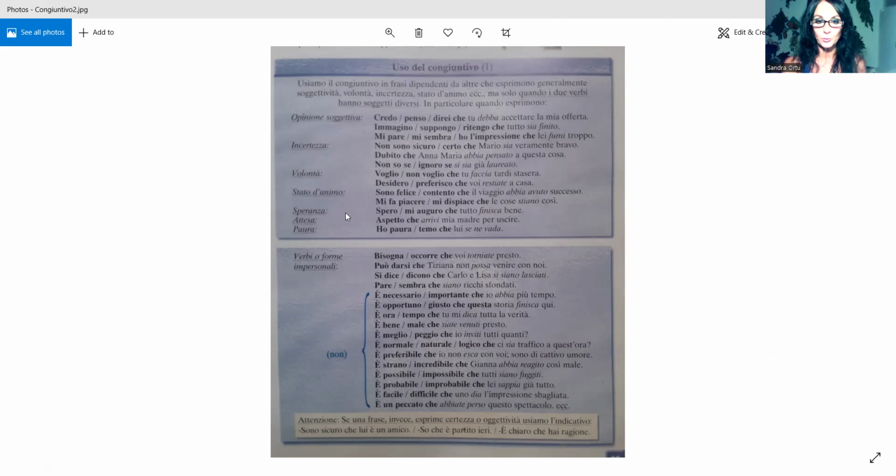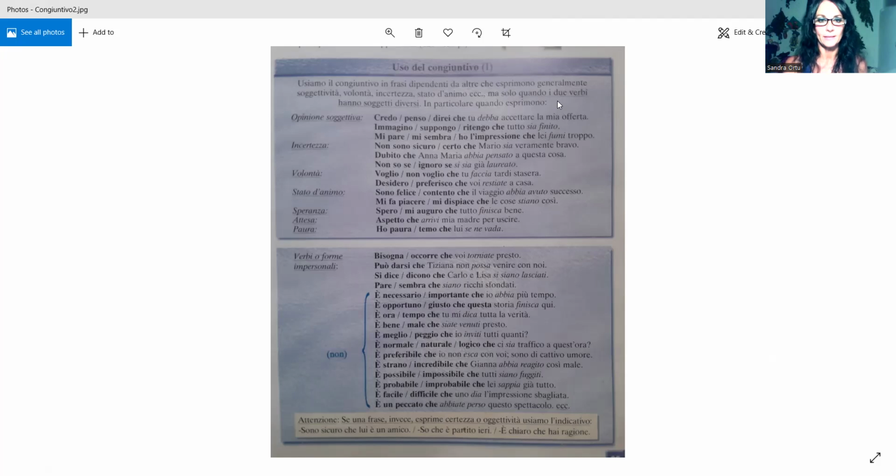So when do we use congiuntivo? In fact, here it does introduce this list with "usiamo il congiuntivo in frasi dipendenti da altre che esprimono generalmente soggettività, volontà, incertezza, stato d'animo, eccetera, ma solo quando i due verbi hanno soggetti diversi, in particolare quando esprimono" and the list starts.